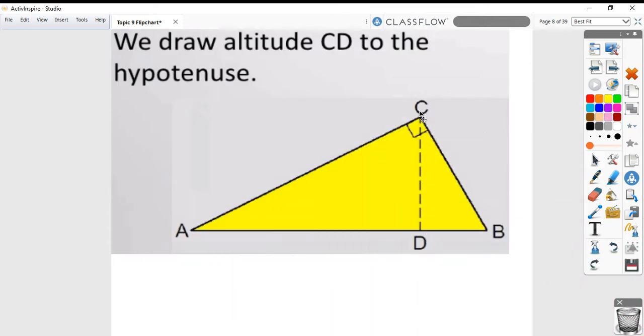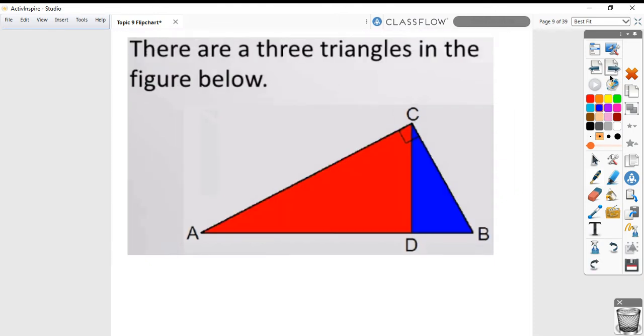When we drop it straight down, we're dropping an altitude. That's what that's called. And something in particular about this altitude is that it makes a right angle with the hypotenuse of our triangle. So both of those right there are right angles. And what we've done by dropping down that altitude is we have created three different triangles.